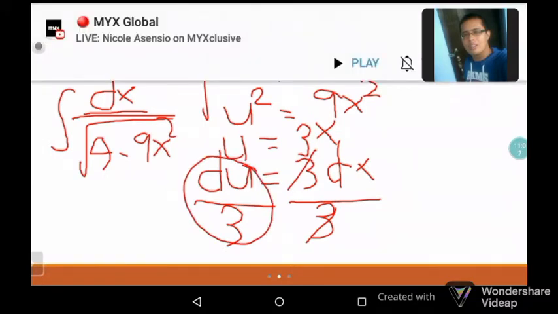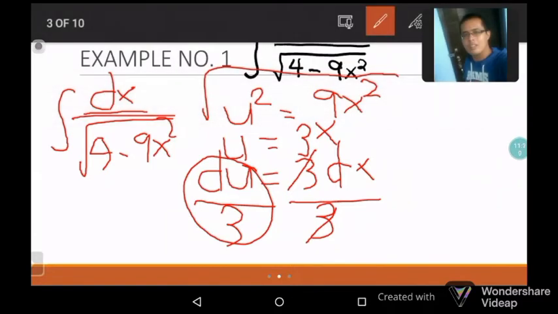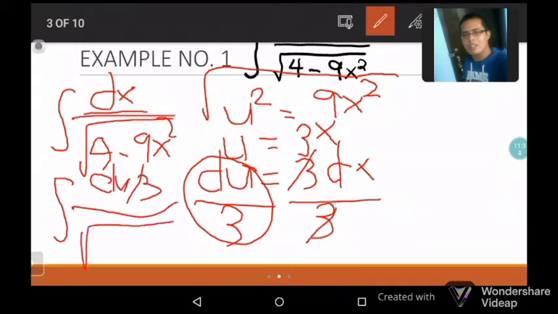Okay. So, ngayon, balik tayo dun sa example. So, i-substitute na natin. So, integral daw, du over 3 over square root of, of course, a squared is 4.